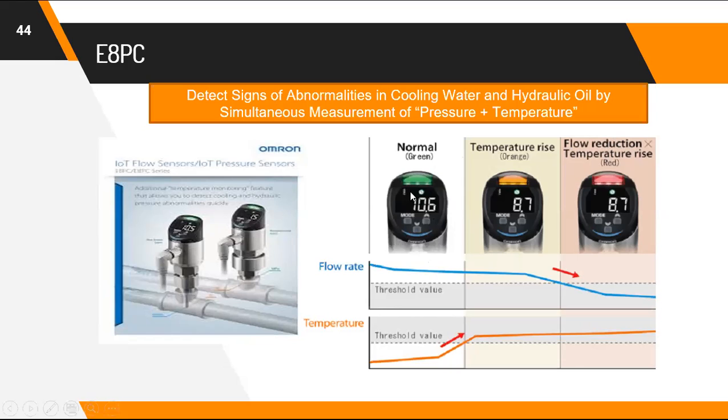See here, 10.6 they are calling the normal level, where it will maintain a green light. If the temperature is rising, it will alert you by changing the color to orange. If the temperature is fully down or the flow through this pipe has reduced, this green signal will be converted to a red signal.